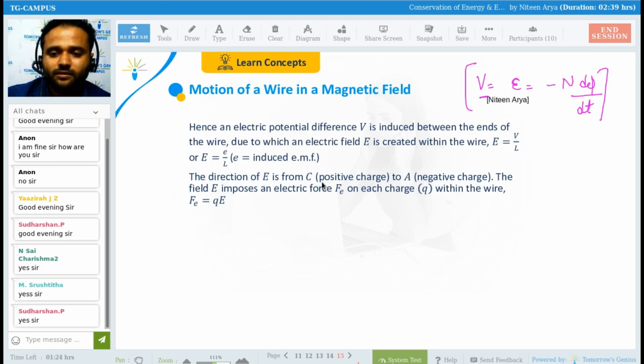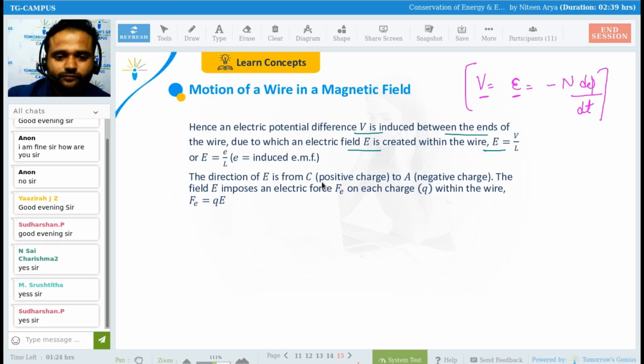So when I have this potential difference, I have electric field. Is this clear, everyone? And that is clearly written over here. I'm not saying anything that is not written. Hence, an electric potential difference V is induced between the ends of the wire, due to which electric field E is created. Obviously, E equals V by L.